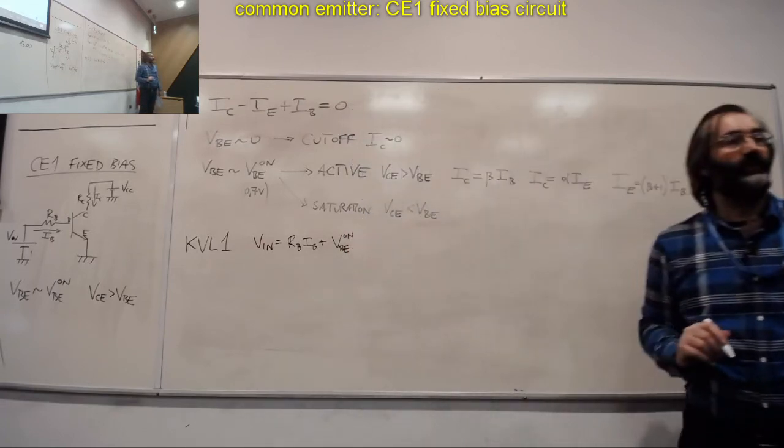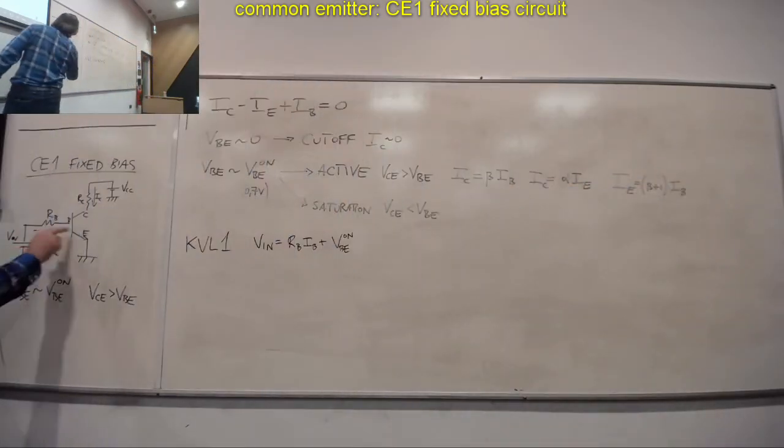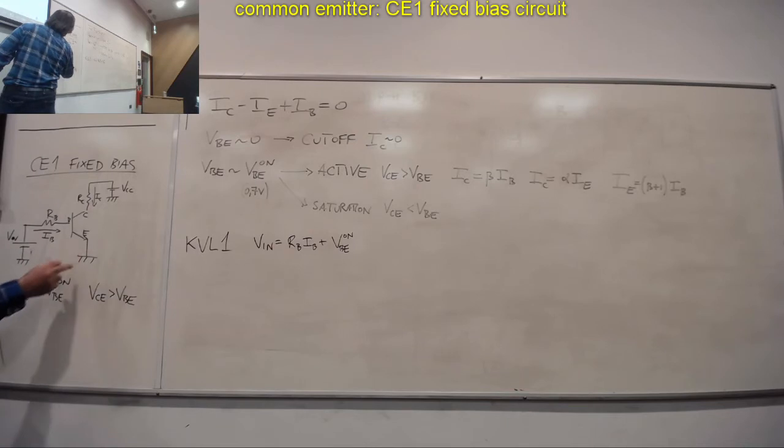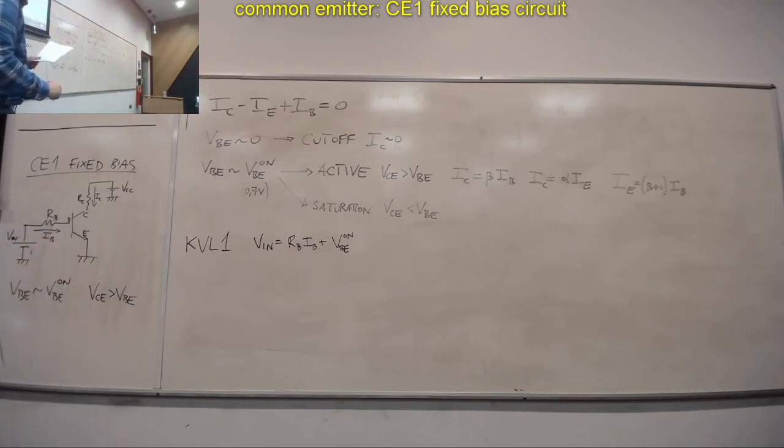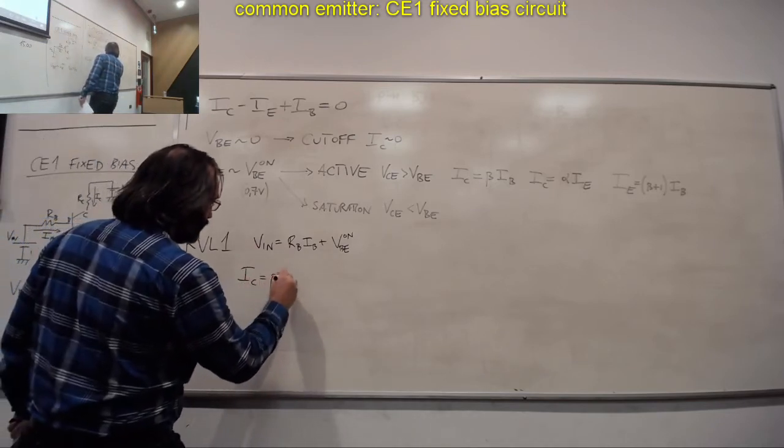That's it. So the first KVL is related to this mesh. The other equation I need to remember is that IC is beta IB.